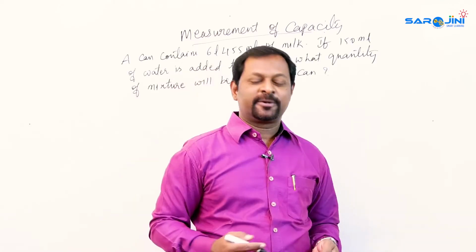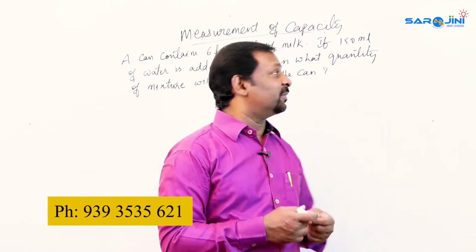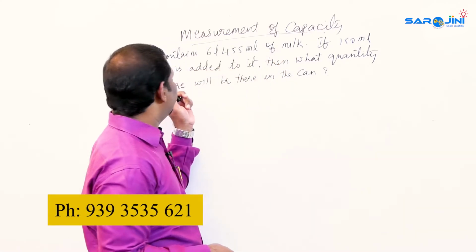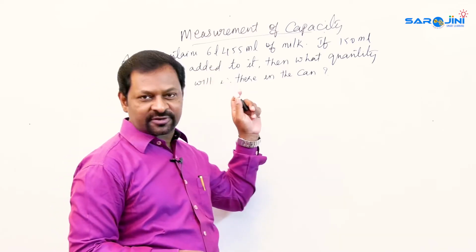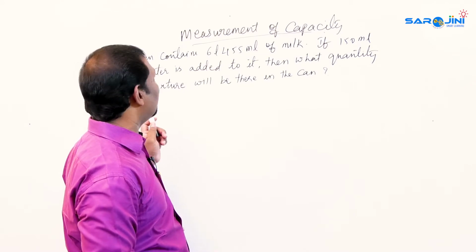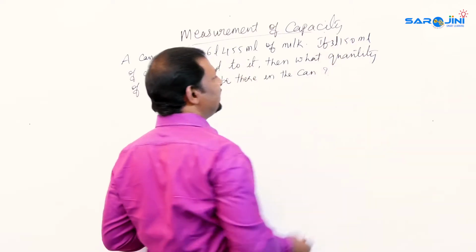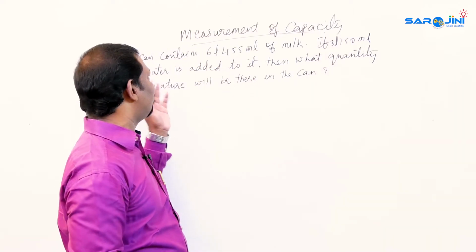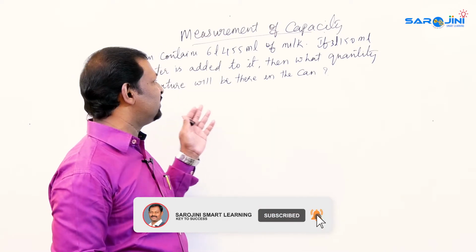Okay, so here on the screen I gave a question on word problem. What is that? We'll read. A can contains 6 liter 455 milliliters of milk. If 3 liter 150 milliliters of water is added to it, then what quantity of mixture will be there in the can?